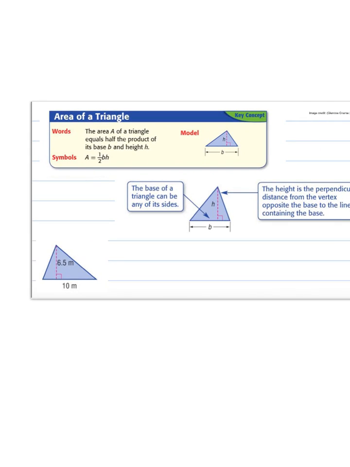So on this one, our base is 10, the perpendicular part is 6 5/10, so the area is 1/2 times the base times 6 5/10. Plug this into my calculator.